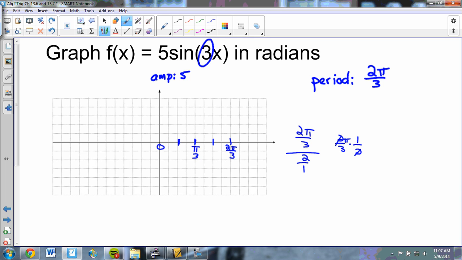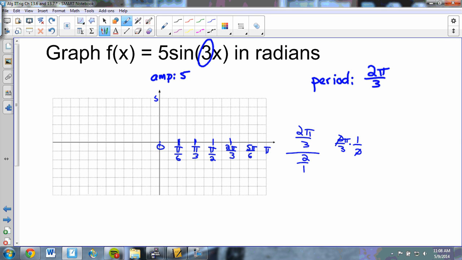What's this one going to be? Pi over 6. So I'm actually counting by pi over 6's. It goes 0, 1 pi over 6, 2 pi over 6, 3 pi over 6 is just pi over 2, 4 pi over 6, 5 pi over 6, and 6 pi over 6. 6 pi over 6 is 1. I could go backwards if I wanted to as well.